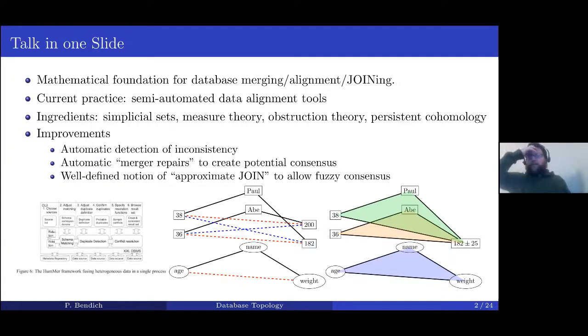The improvement you get over something like Hummer is that you can automatically detect whether a previous set of mergers is inconsistent. In other words, you merged all these local databases this way, and now it's inconsistent, and you detect that basically by an obstruction cocycle.